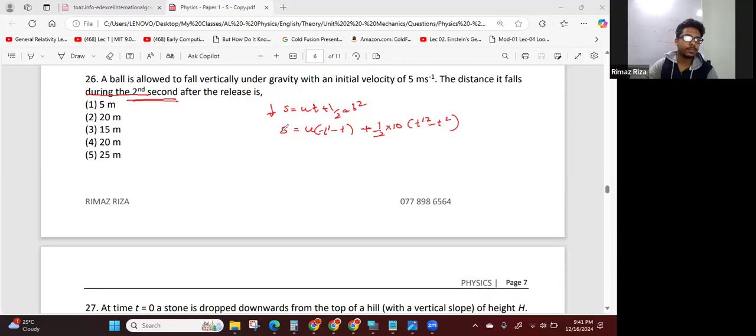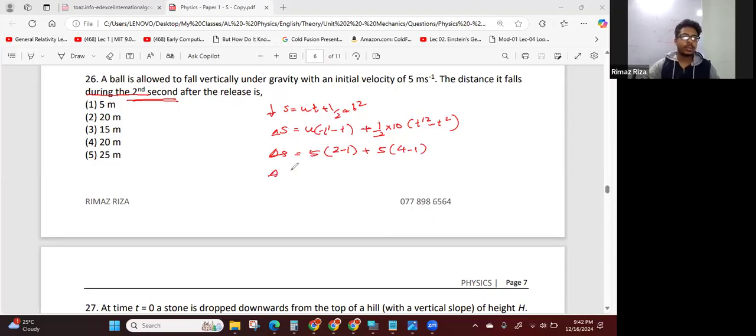So therefore delta s equals u, which is 5, into 2 minus 1, plus 10 divided by 2, which is 5, into 2 squared, which is 4, minus 1. So 4 minus 1 during the second.